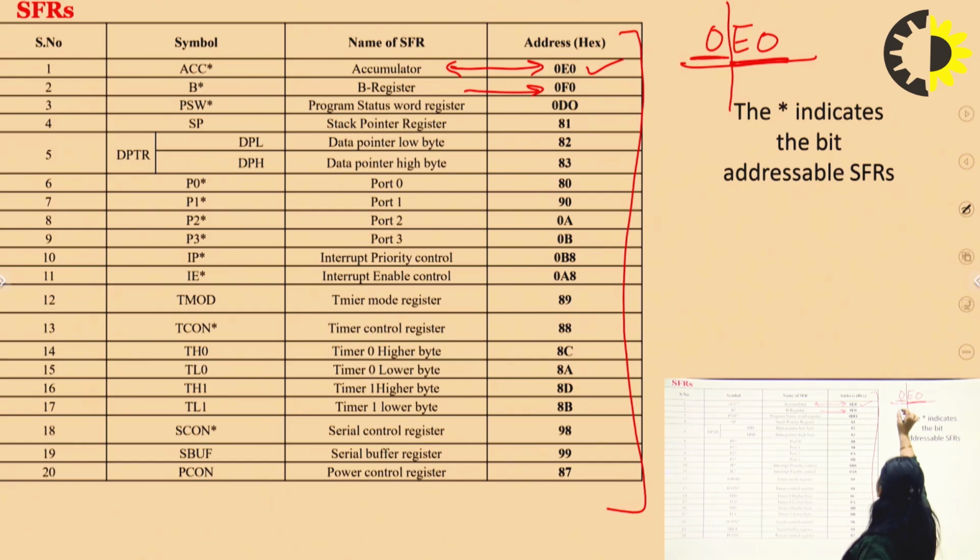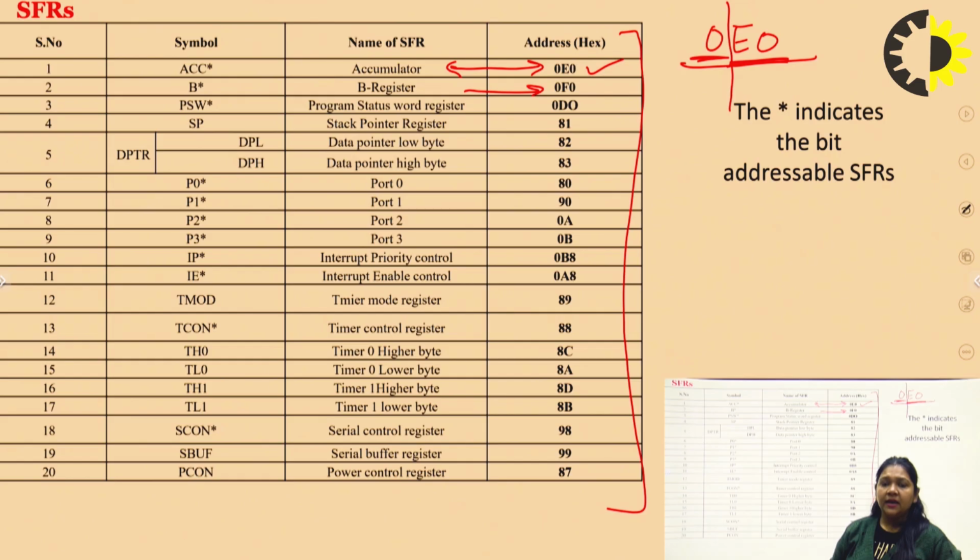A 0 is written before the hexadecimal number so that the controller, or the processor, or the machine can differentiate that the given number here is not an alphabet. It is alphanumeric, or we can say it is a hexadecimal number. So just to differentiate that this is not a normal alphabet, it is a hexadecimal number.